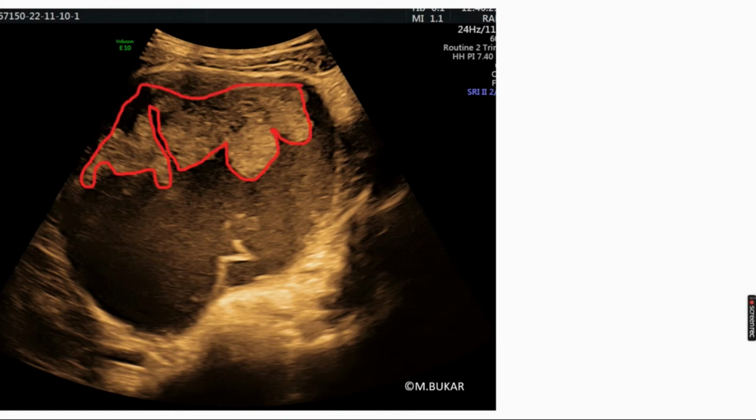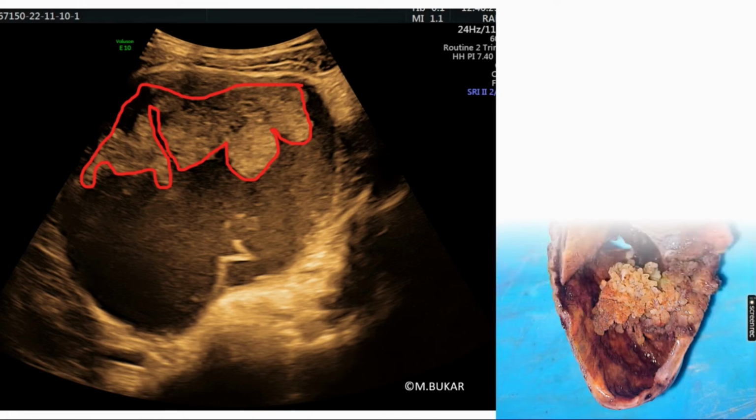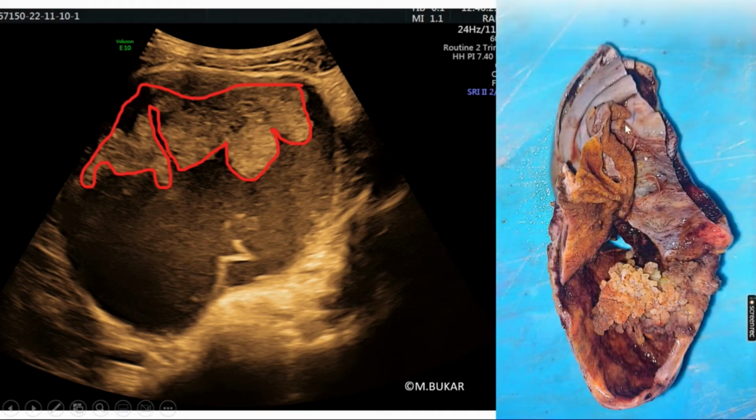So this has clearly demarcated the papillary projections. Here you can see the indentation here and here are less than 50%, while here is way beyond 50%. This is the image after surgery and not the papillary projections observed during ultrasound.